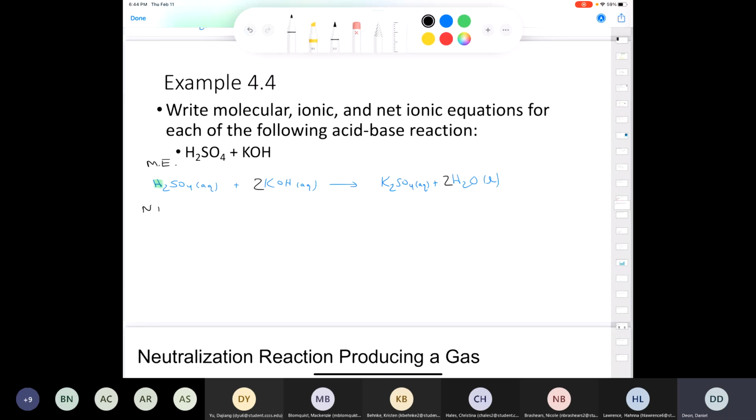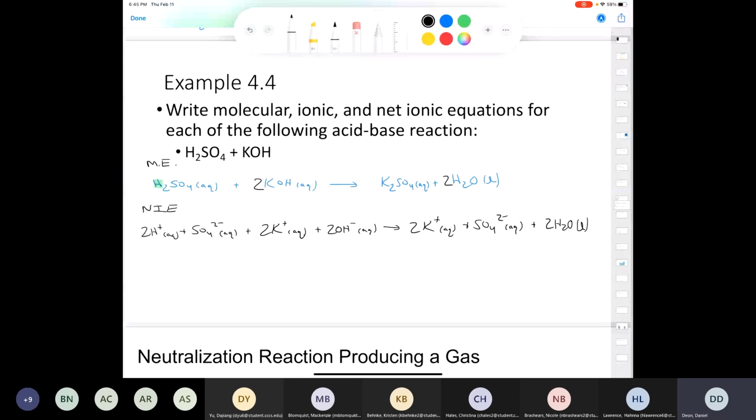Let's write out our total ionic equation. In the sulfuric acid, we're going to completely dissociate it into 2 H+ aqueous plus SO4 2- sulfate ion aqueous, plus 2 potassiums aqueous, plus 2 hydroxides aqueous, which produces potassium sulfate, which breaks apart into 2 K+ aqueous plus sulfate 2- aqueous, plus 2 H2O liquid.